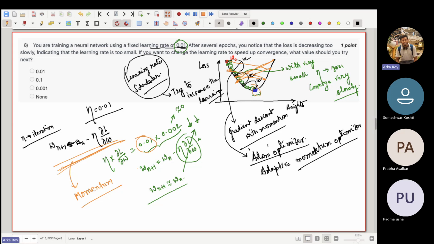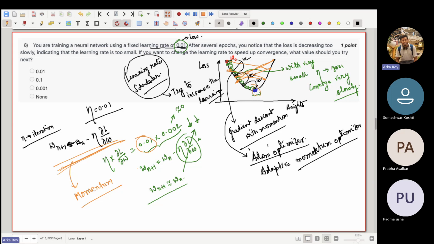So as far as this particular question is concerned, we started with a low value, and for a low value we require a large amount of time to reach the global minima. So we have to increase the value of learning rate such that we can reach this position very fast. And because this is just a mathematical question, we just have to search which is the highest value.